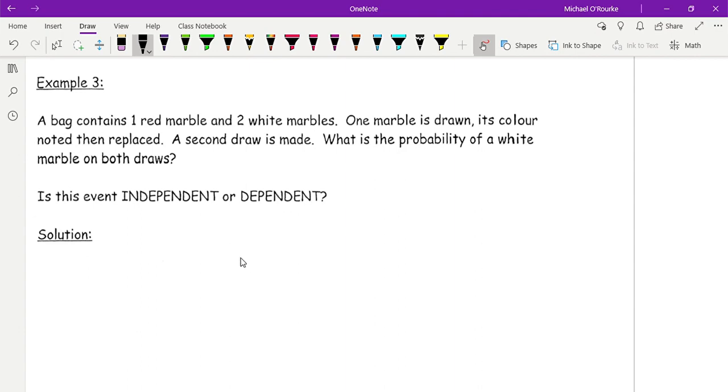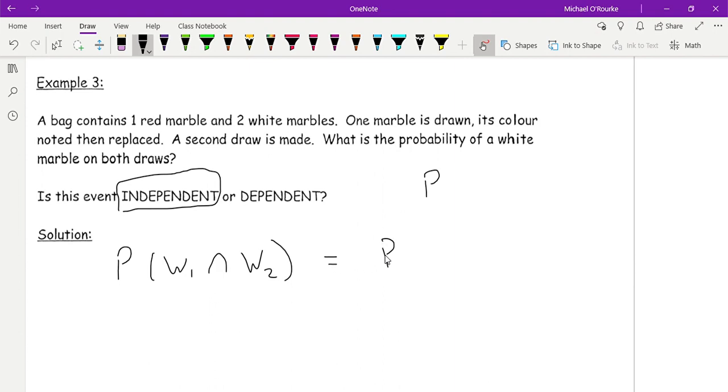So we have independent here, so we can use our formula. The probability of white on the first draw and white on the second draw is the probability of pulling a white times the probability of pulling another white.